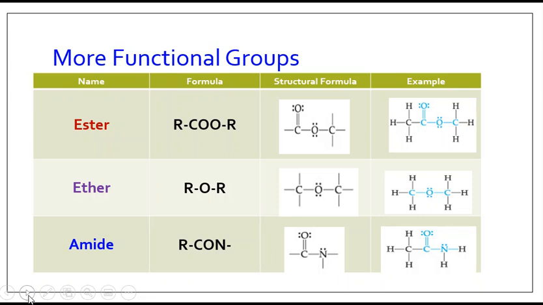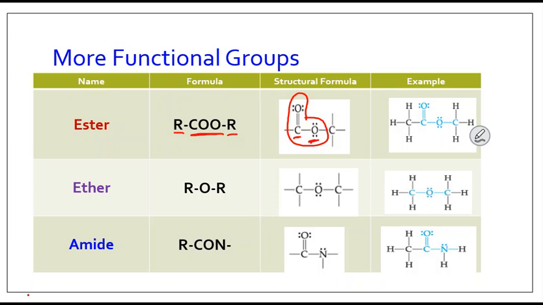Well, the ester, as you can see, it's in between carbons here. These are representing carbon chains, so it's got to be in the middle between 2 carbons, kind of like the ketone. But instead of the ketone just being the C double bonded to an O, you also have another oxygen in the middle. So C double bonded to an O with an additional oxygen, that's going to make the ester.